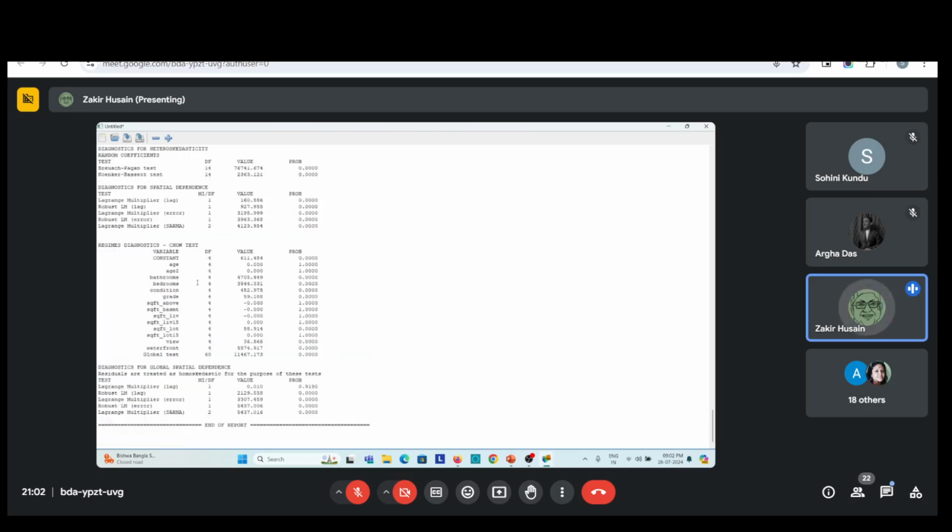Then this is the Chow test. So the Chow test, first look at the global one. The null hypothesis, structural stability, is rejected. And we can see by and large, see age, we have structural stability, these 4 variables, and this.